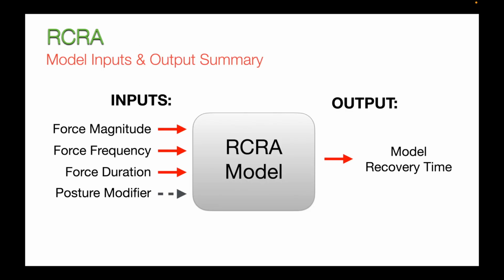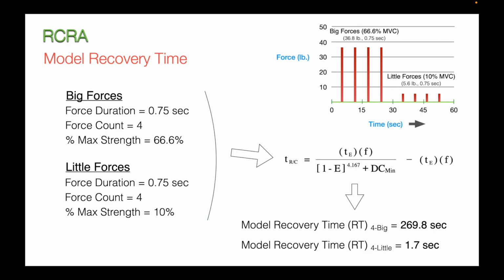Well, we do that with the RCRA. It calculates model recovery time. So we have the inputs of the magnitude, frequency, and duration, and we can adjust for posture. So we know the characteristics of what we did. When we apply force, we can calculate how much recovery time is needed for the muscle to recover from that to prevent the onset of undue fatigue.